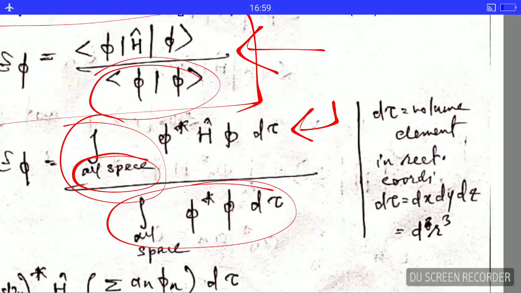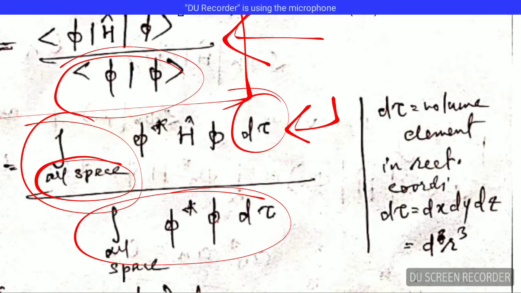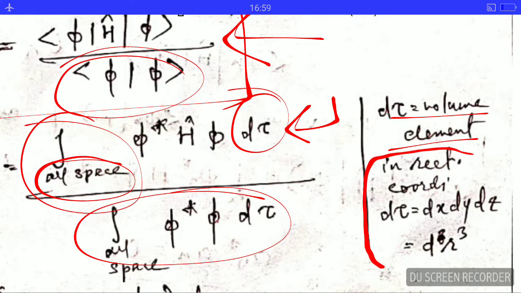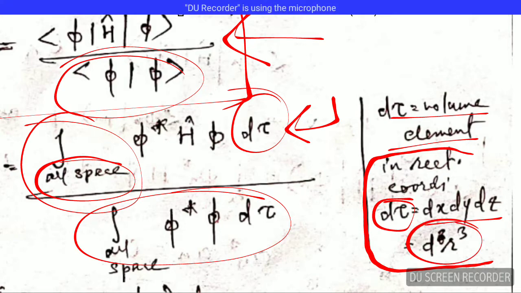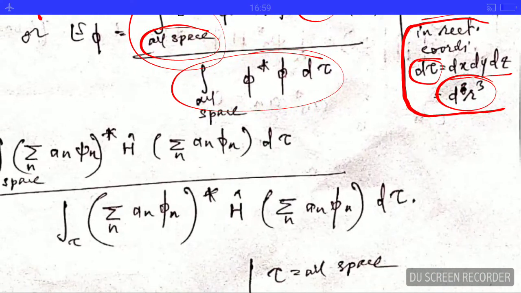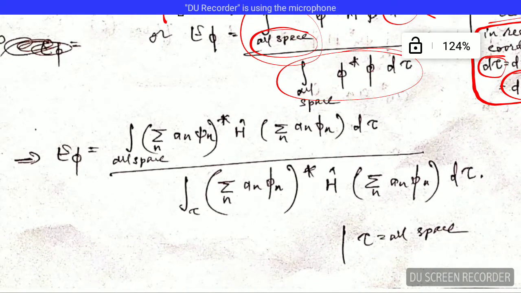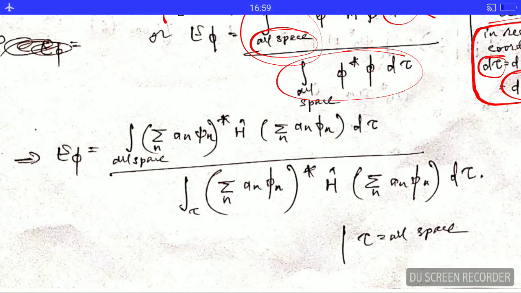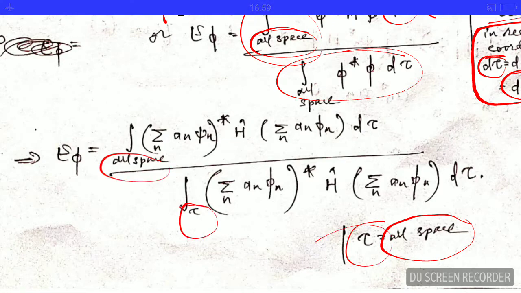This d tau is the volume element in rectangular coordinates. In rectangular coordinates, d tau equals dx dy dz, and it has the notation d^3r. In our further proceedings we will denote all space by this tau. So I have replaced all space by tau, and I will write tau in my further equations.